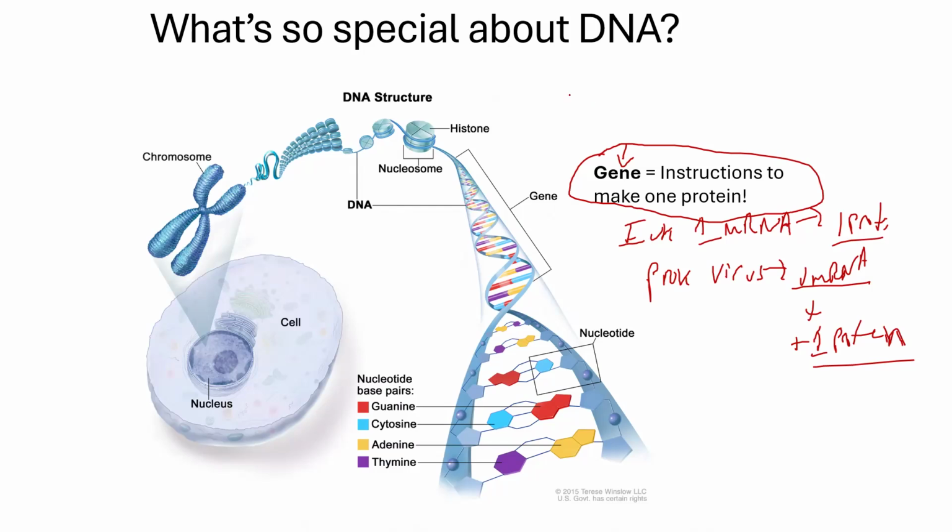A gene has multiple important components that help define what it is. Genes have a place where RNA polymerase can make the RNA. This is called the promoter. The promoter is then flanked, heading from the 5' end towards the 3' end, by the coding sequence, and the coding sequence is what is going to actually make the protein.